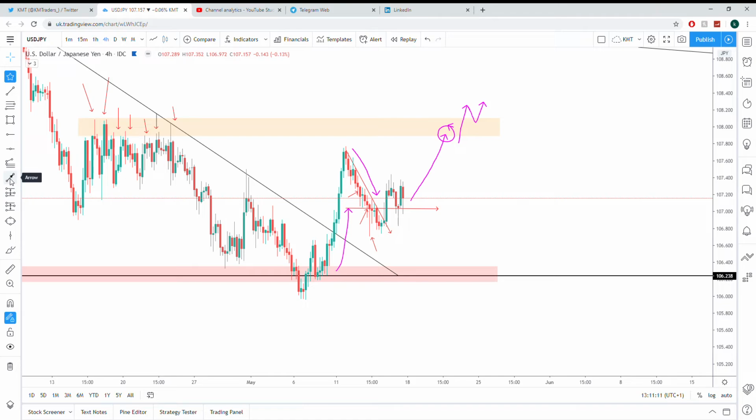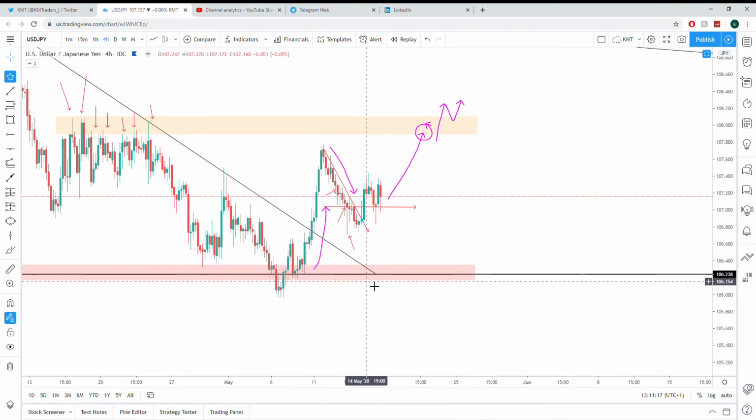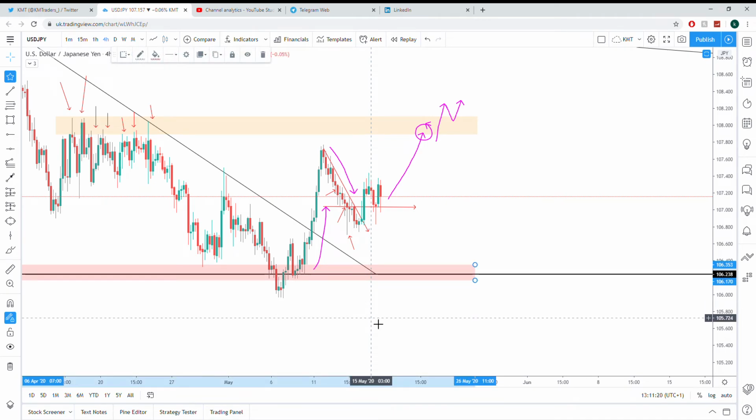So again, what I want to show you is our invalidation zone. So this is at a monthly level as well at 106.238.